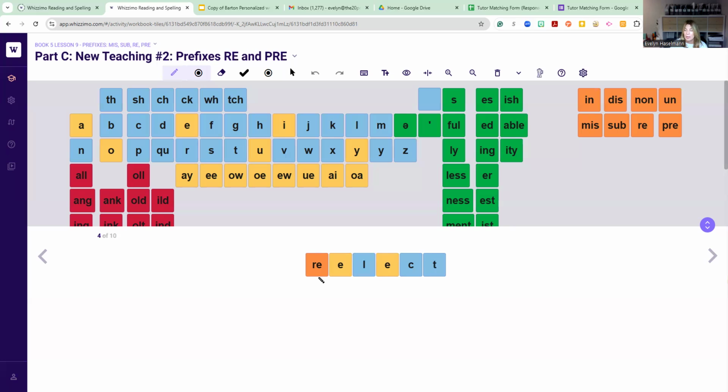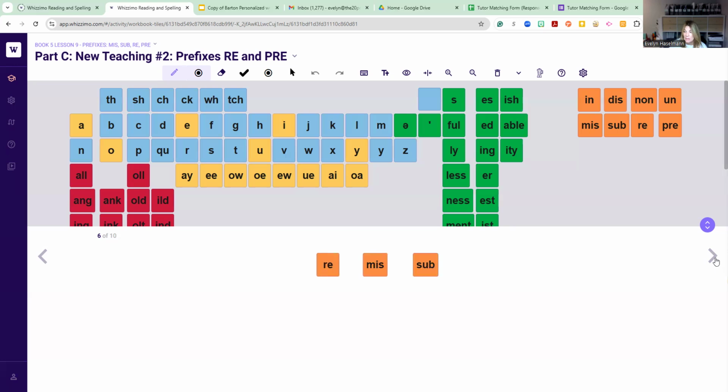It's trickier when you put it onto the words because often they'll say relect, and that's not the word you want. You want reelect, okay? Reinvest. Again, it's tricky when it's next to a vowel, but you've got to say both of those, reinvest.